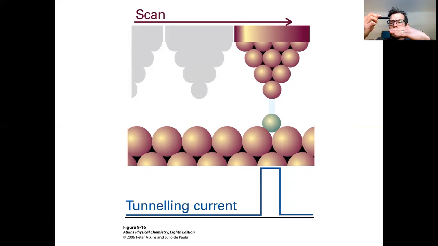You bias this tip so that an electron, in theory, could tunnel from the tip to the surface. And this happens at some regular rate. If there's a little bump, an extra atom on the surface, this distance now decreases and the tunneling probability would shoot through the roof. So you get some experimentally measurable changes in current.